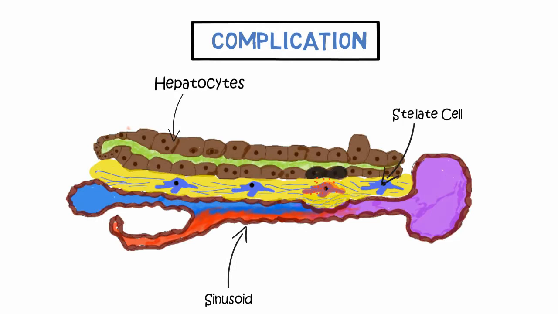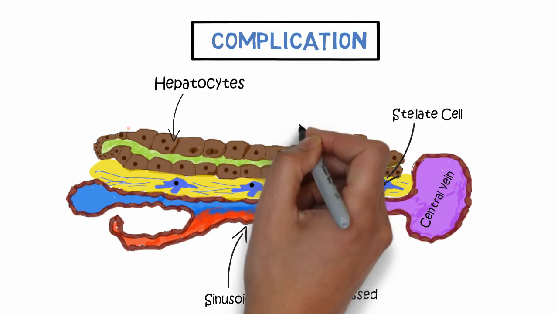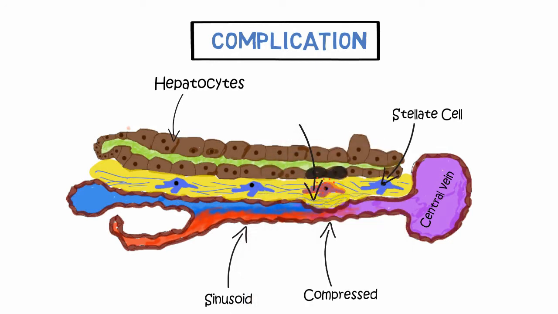And this is when the complications start. As the central vein and the sinusoids become compressed by the huge amount of fibrotic tissue in the perisinusoidal space, pressure starts to build up in the sinusoids and is responsible for the most severe complications of cirrhosis, that is portal hypertension.